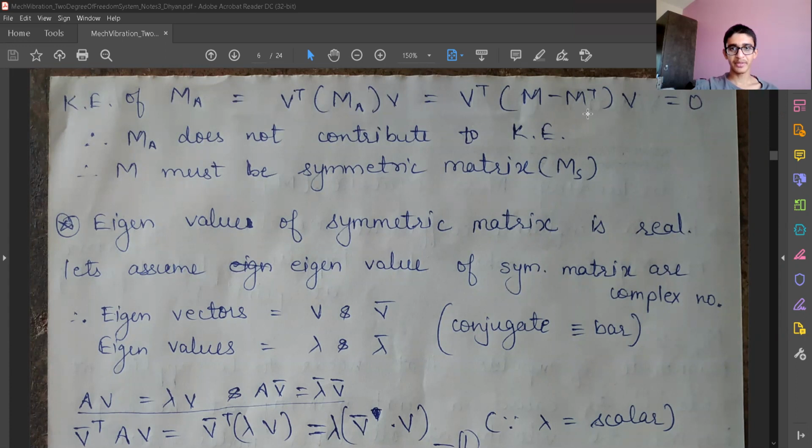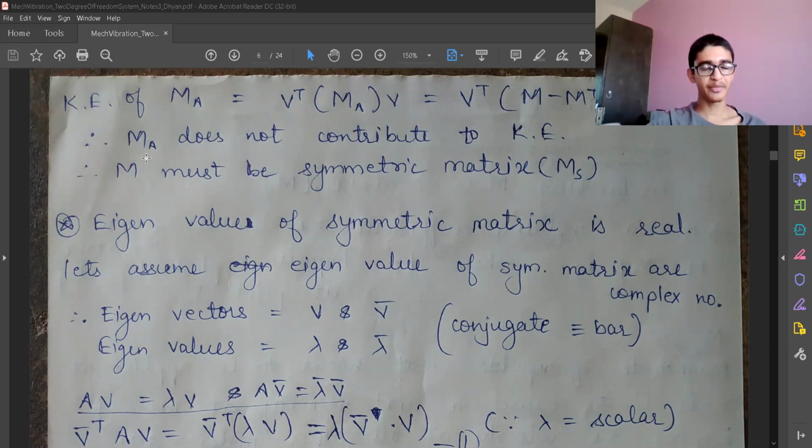The energy V transpose M V will be some energy, and that is the same energy which is going to get subtracted, because V transpose M transpose V will be the same kinetic energy. So the anti-symmetric mass matrix does not contribute to kinetic energy, and therefore the mass matrix must be the symmetric matrix MS.